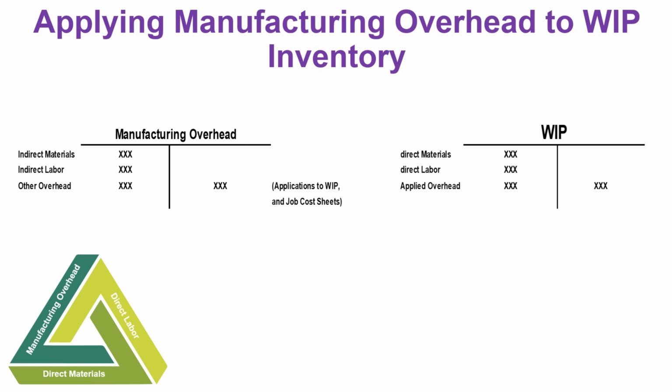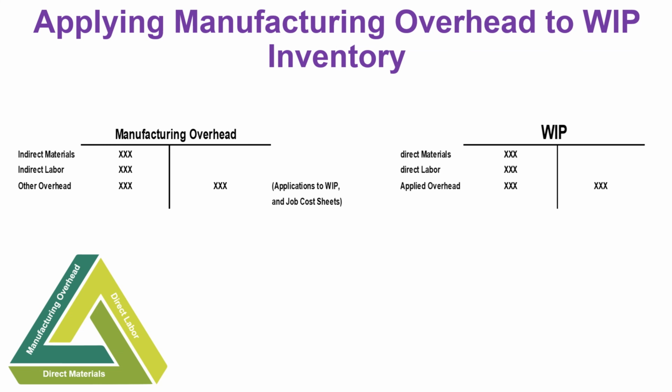What I've been saying is we're accumulating these costs, but at some point in time, we're going to have to take these costs out of this holding account and put them into work in process. I mean, that's really where it belongs. These are costs associated with making the inventory in work in process or jobs in production.